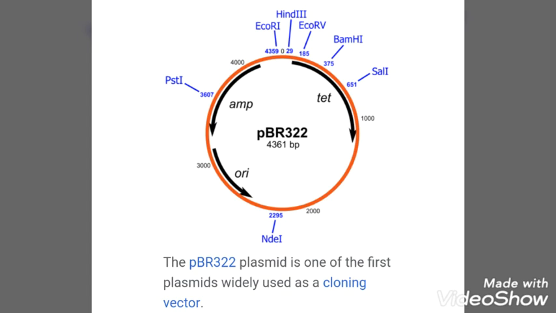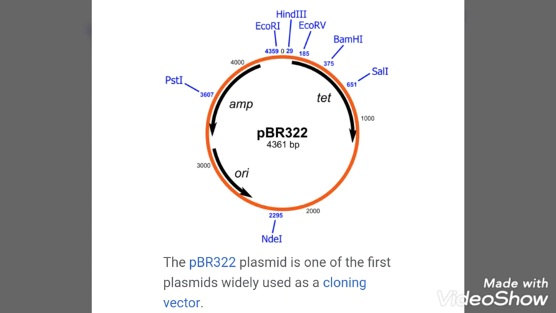In the previous class, we discussed rDNA technology. In that, the most widely used tool is the vector, which we call a vector or a plasmid.